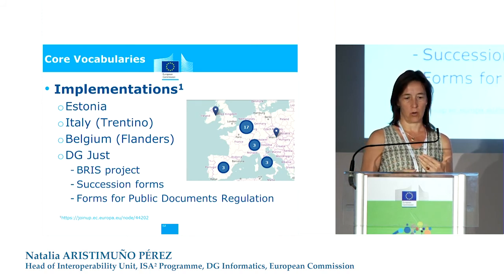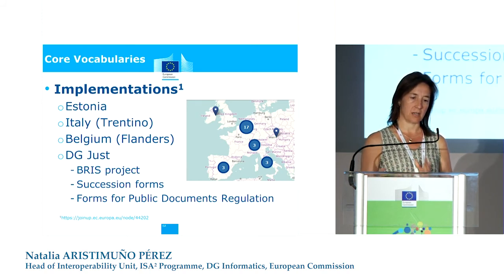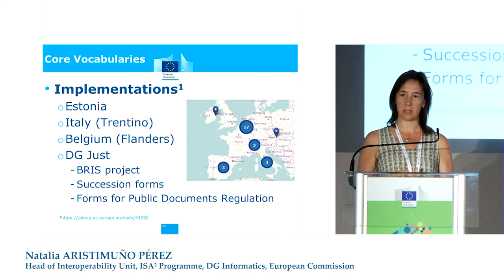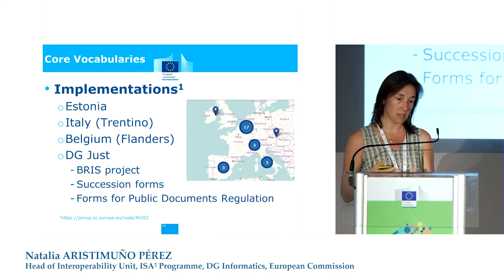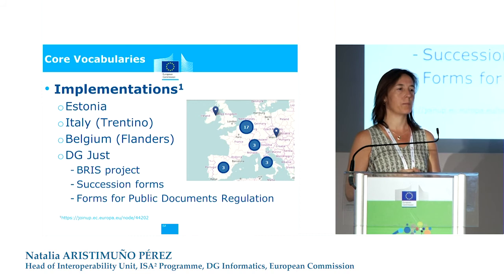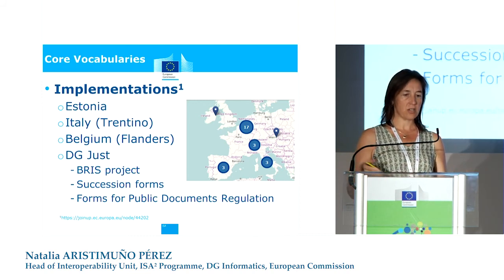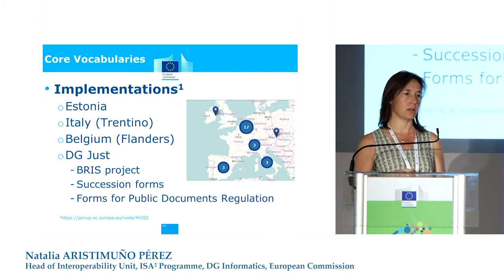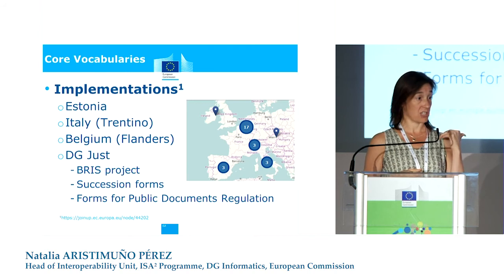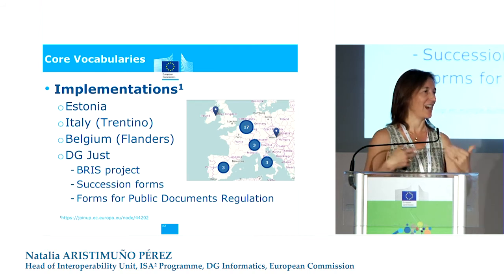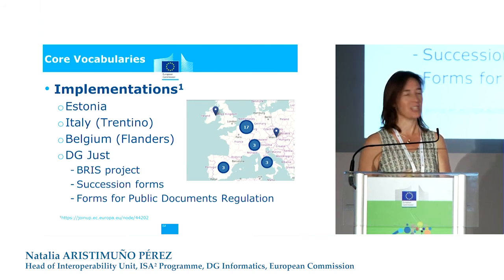It goes beyond that. As I said, it covers different domains. So in the domain of justice, DG Justice, there is a new application, a new registry, which is the business registry, interconnected, which was delivered last week. So now member states are entering all this information in the system.